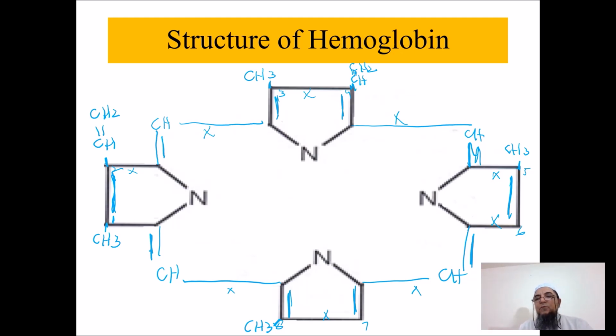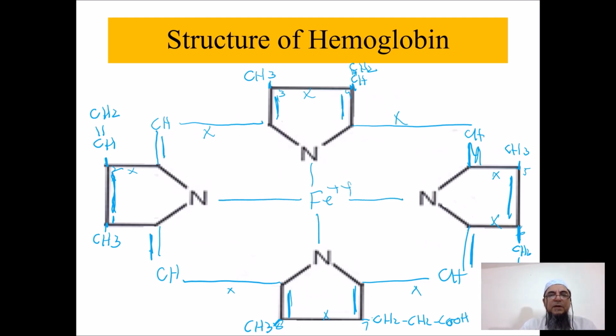Then we have 2 propionic acid groups, CH2, CH2, COOH, attached to position 6 and position 7. And then last but not the least, iron, as we put it earlier here.